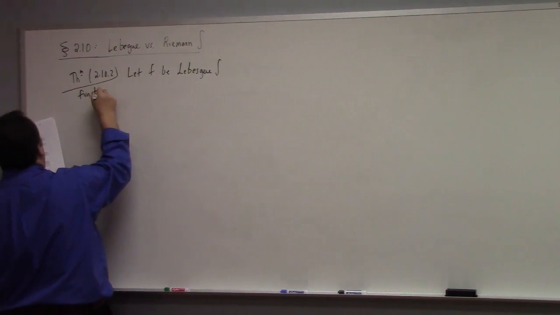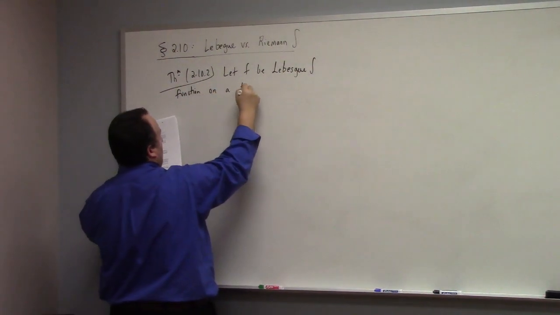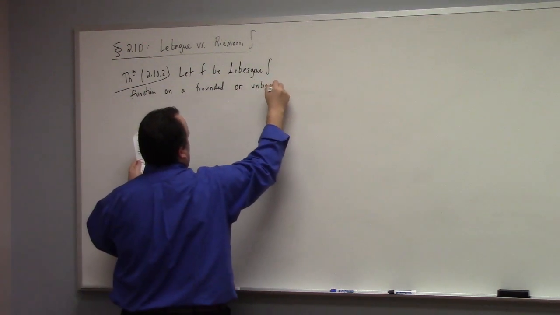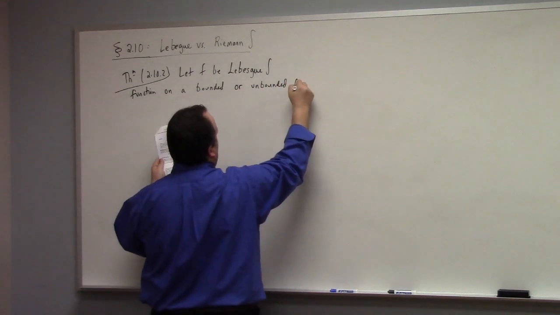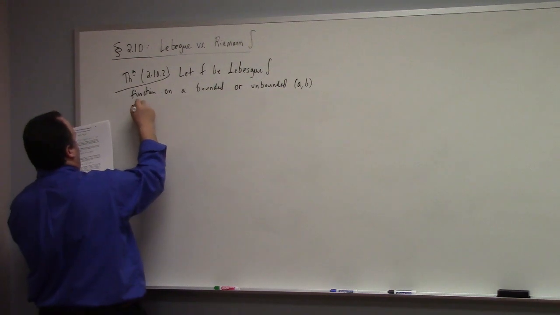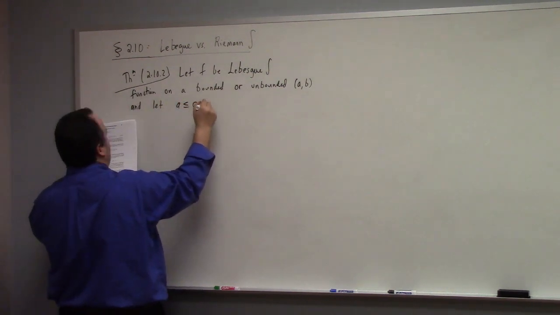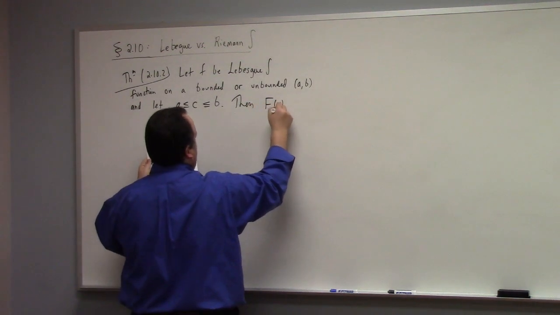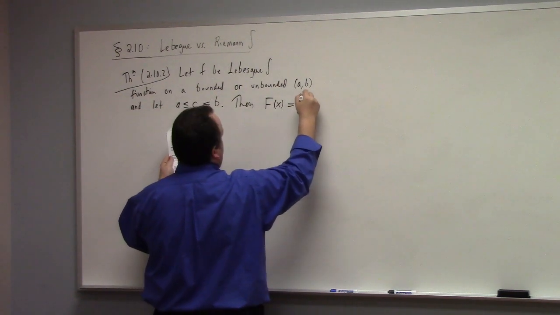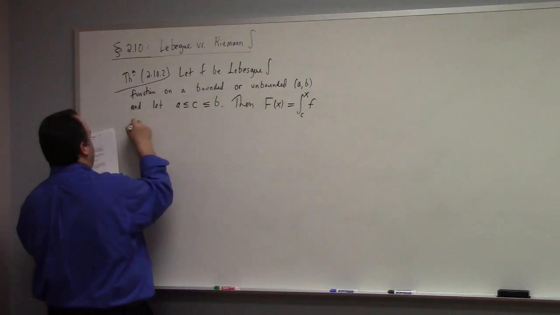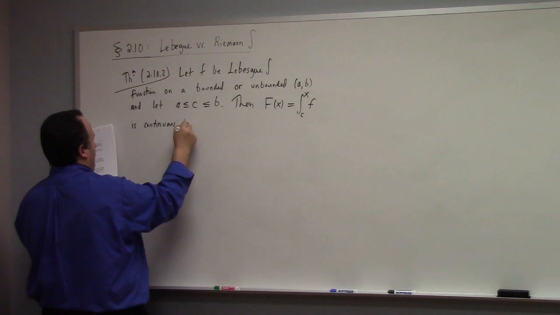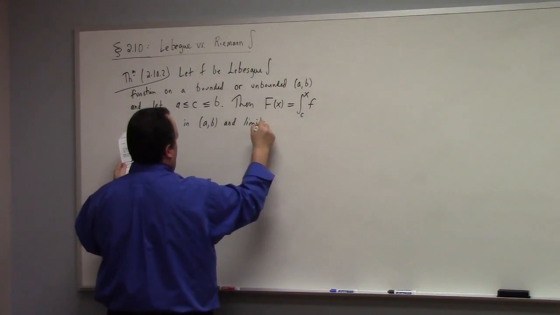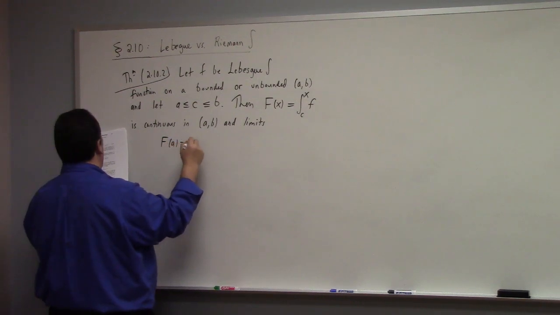Function, unbounded or unbounded, AB, and let A less than or equal to C less than or equal to B, then big F of x equal to the integral from C to x of f is continuous in AB, and the limit of f at a is going to be equal to the limit.